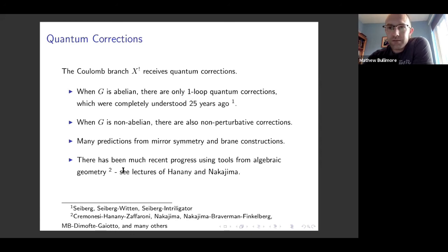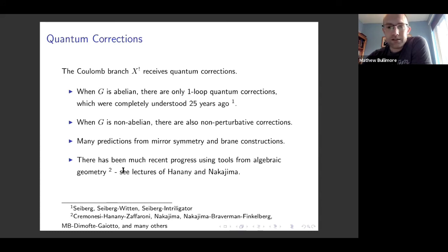So when G is abelian, if I look at an abelian gauge theory, there are only one loop, perturbative corrections. One way to understand this is that the non-perturbative quantum corrections would come from dynamical monopoles, and there are no dynamical monopoles in abelian theories. And so the corrections are only perturbative and one loop.